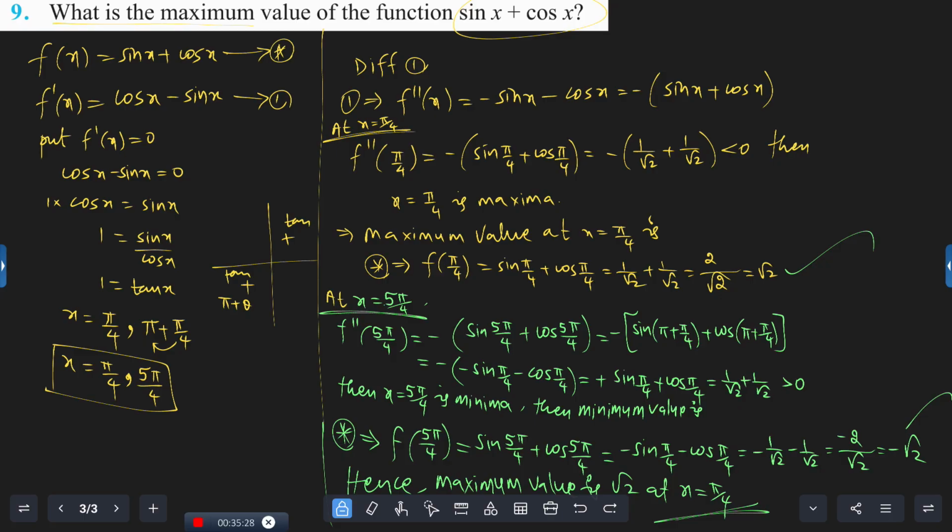Question number 9. Question number 10. Right, fast. Those who completed 9, write question number 10. Write fast, girl side.